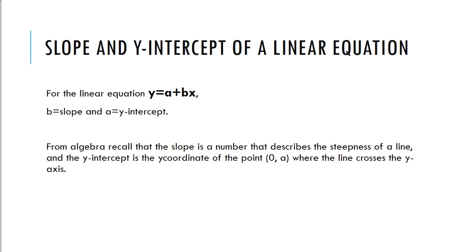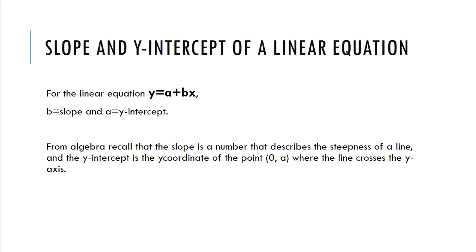For the linear equation y equals a plus bx, b is the slope and a is the y-intercept. You will also see this reversed. In the calculator, it's done two ways. You might see it as y equals ax plus b. Just know the number right next to x is the slope, and the number by itself is the y-intercept.